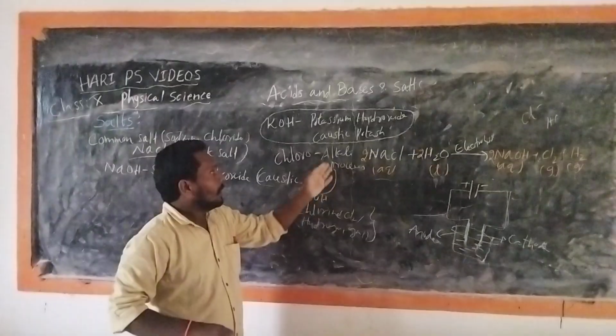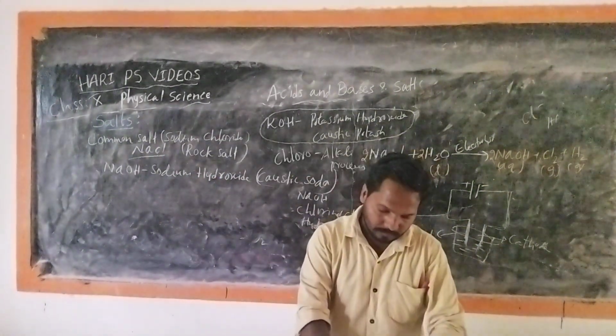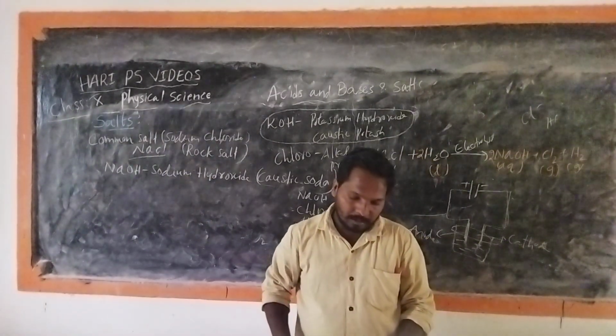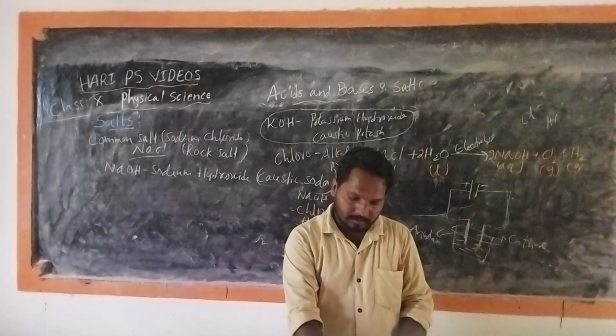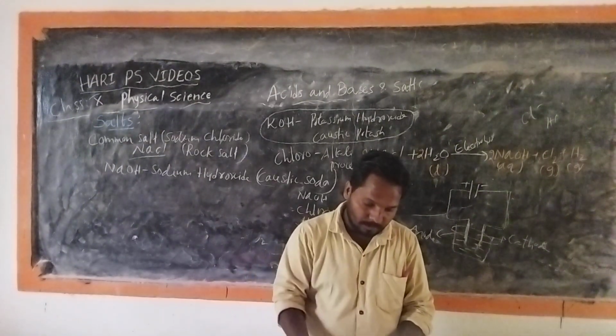Chloro means chlorine, and alkali means a base is obtained, like sodium hydroxide. The three very useful products obtained from brine are sodium hydroxide, chlorine and hydrogen.